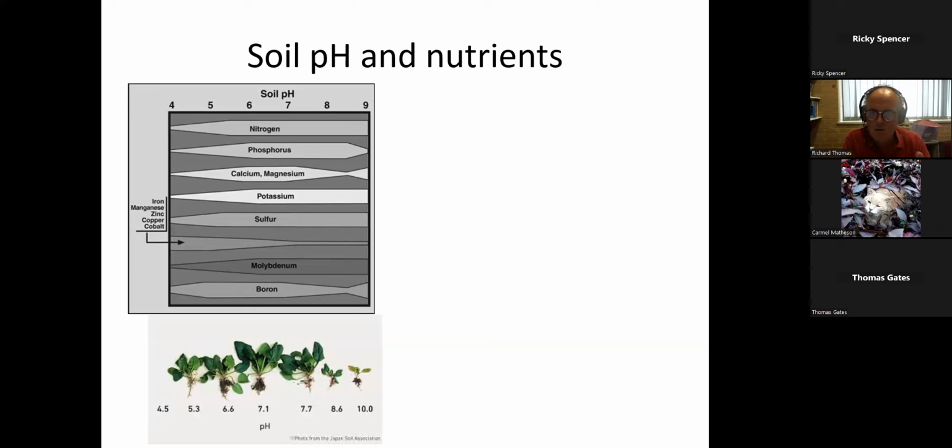It will tell you the total mineral content, but not at different pHs. Different elements will have different mobility.